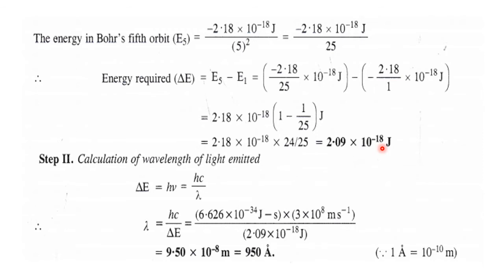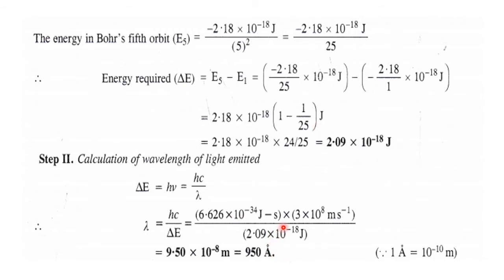So using this energy, now we'll go for the calculation of lambda. What wavelength will come out? Okay, so delta E, or E, equal to h nu. Here E is the difference of energy. So E equal to h nu, or hc by lambda. So lambda equal to hc by energy. H is known, c is known, and delta E we already found in the first step.